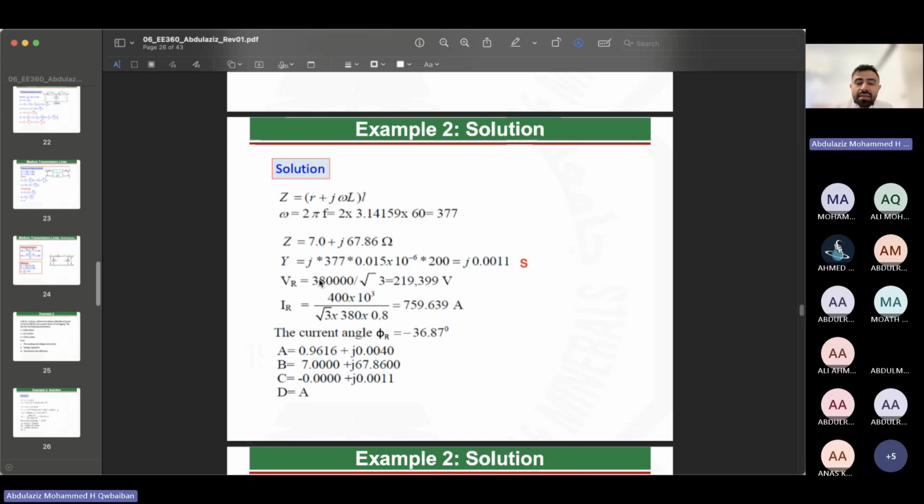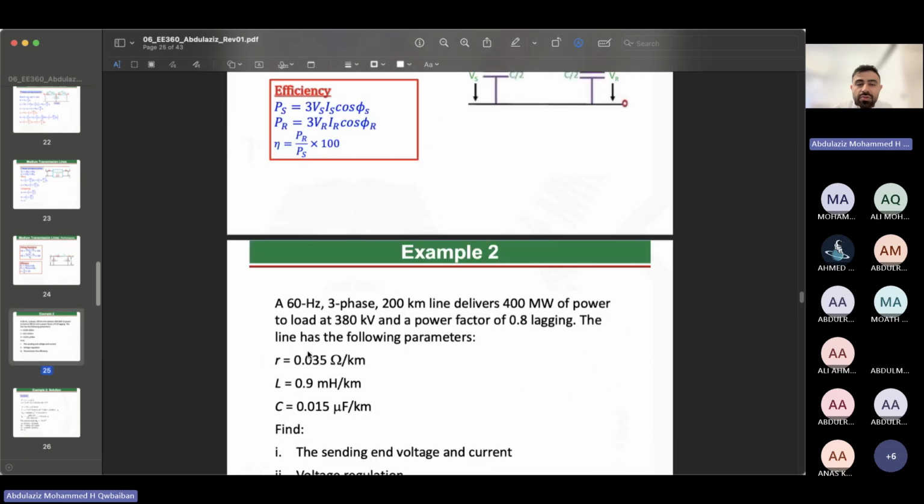The VR is 380 kilovolts divided by square root of 3, it's 219. The IR is 759, the angle is minus 36. If you do the calculations using the pi model, you should know that B is the Z. So A equal to D, which is 1 plus ZY over 2.